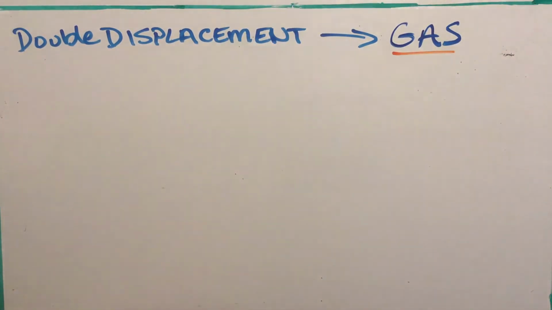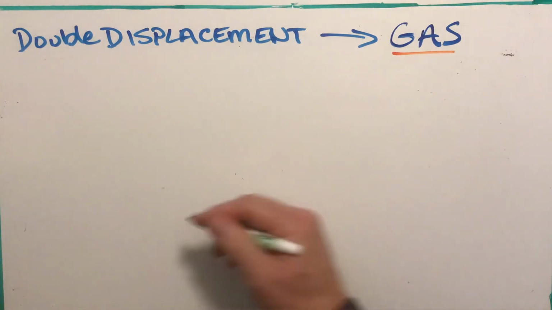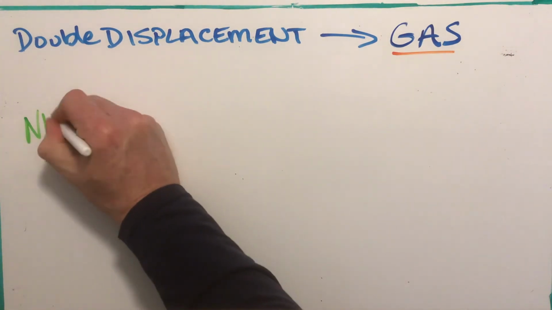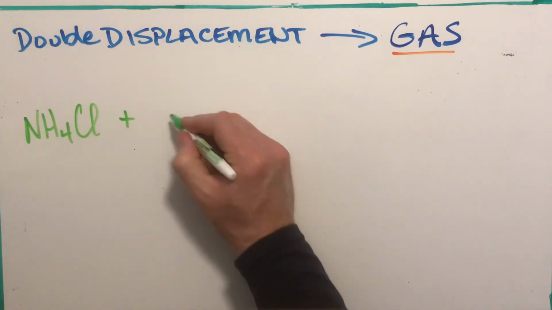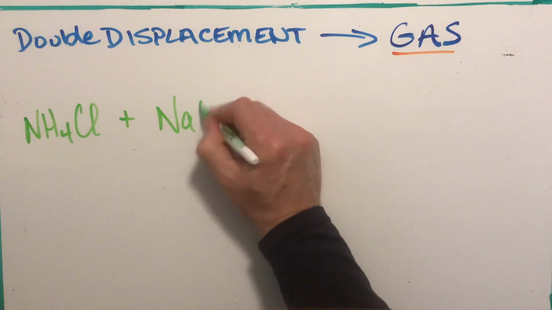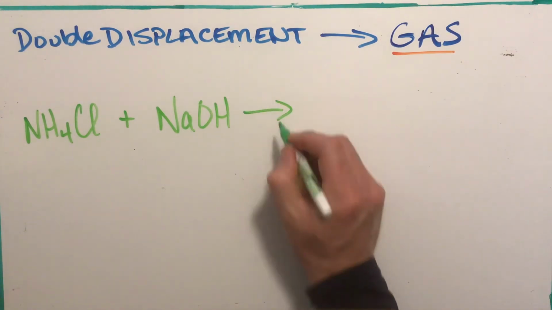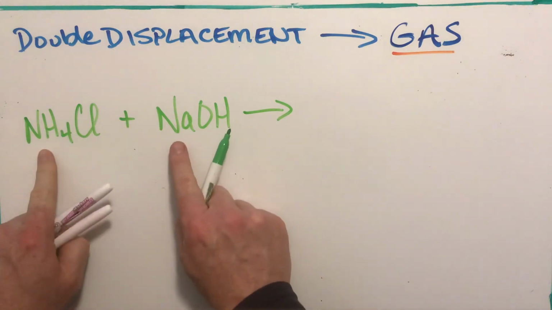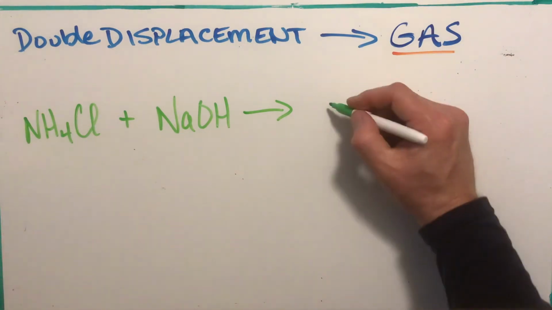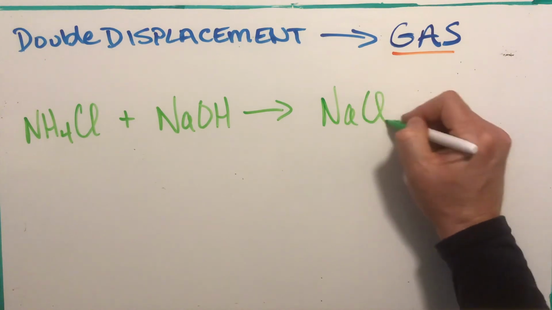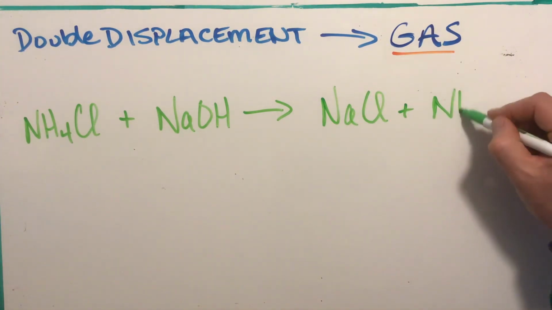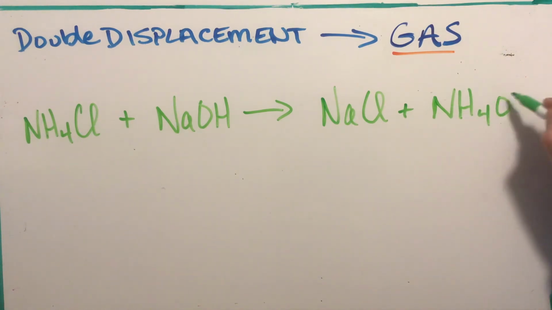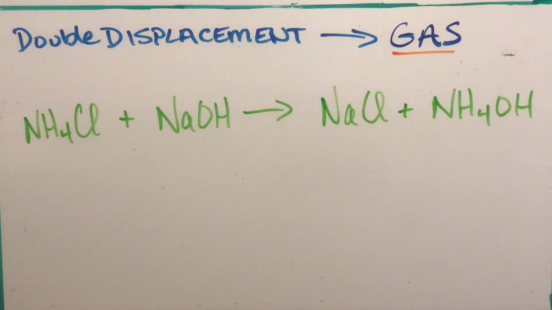All right, our final example of ones that produce gas, I've got NH4Cl plus NaOH. And so I switch the two fronts. So the Na will come over with the Cl, and the ammonium comes over with the hydroxide like that.